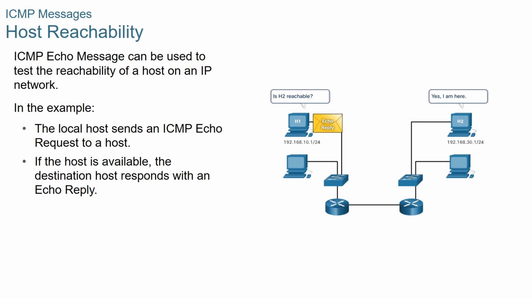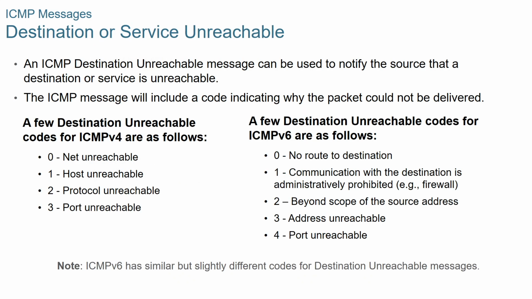H1 is communicating to H2 with an echo request, and hopefully H2 will respond with an echo reply back to H1. An echo request has been automatically sent by H1, and H2 has already replied with an echo reply. This is the main use of ICMP messages: pinging end-to-end connectivity, host reachability.